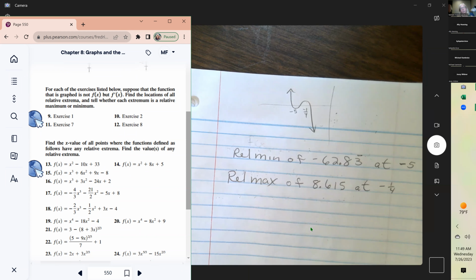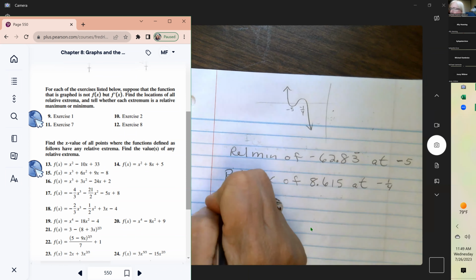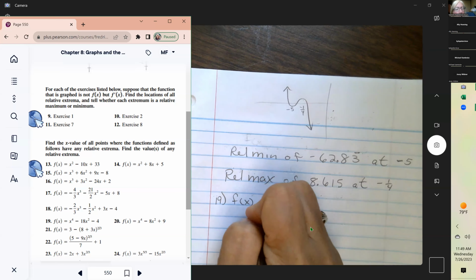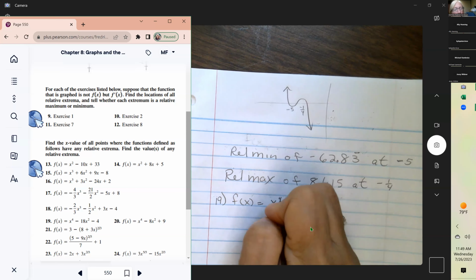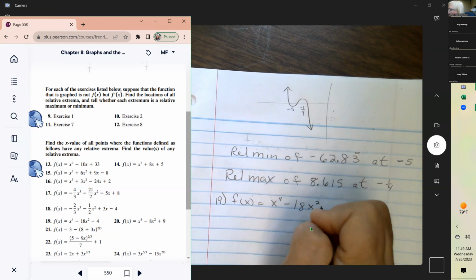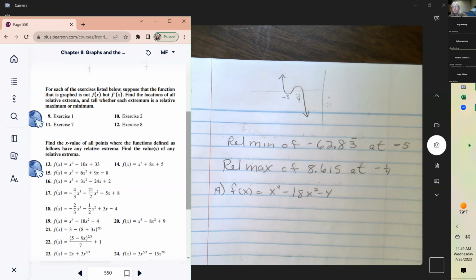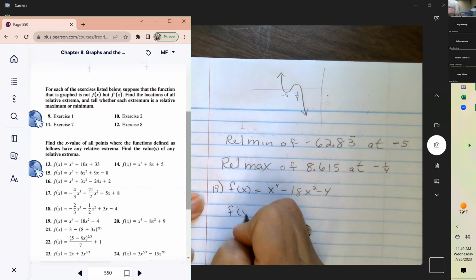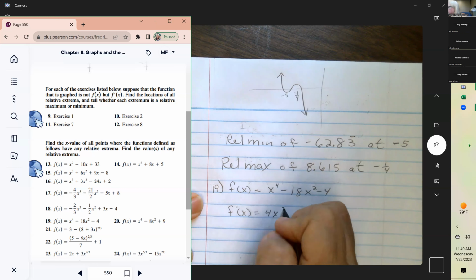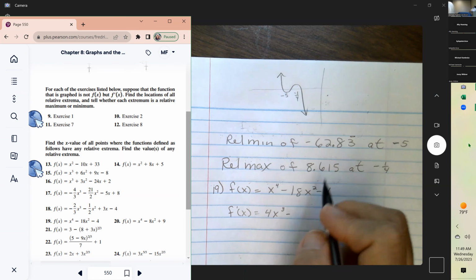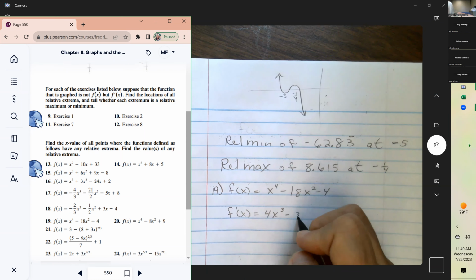Number 19. So to find the critical numbers, you take the derivative and you set it equal to 0. The derivative is 4x cubed minus 36x.